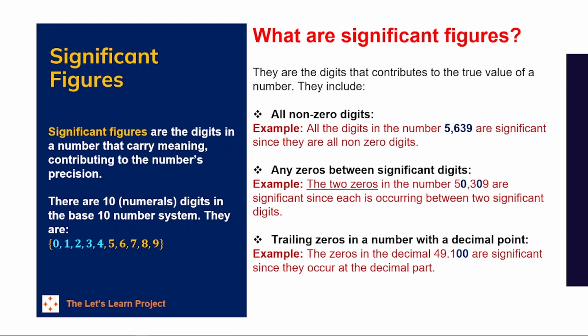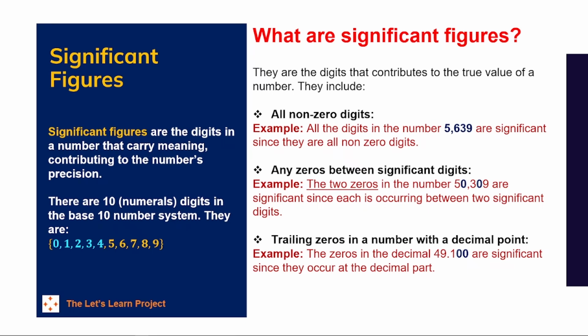That is, we have two groups, one being 0 to 4 and the other being 5 to 9. So when the number that we are rounding off, the number to the right of that number is amongst 0 to 4, it means we have to round down. If it is 5 to 9, it means we have to round up.